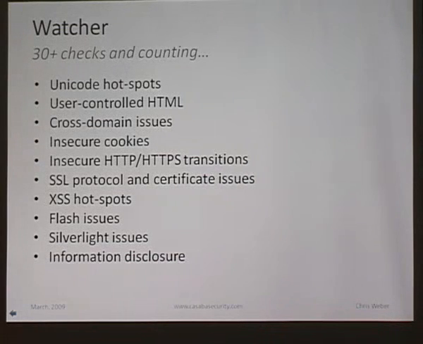We want to find insecure cookie issues, like when secure flags or HTTP-only flags aren't set on a cookie. These could be auditing issues just to provide findings in an engagement. You might also have a policy that you need to audit against, in which case you could use these checks and define your own.